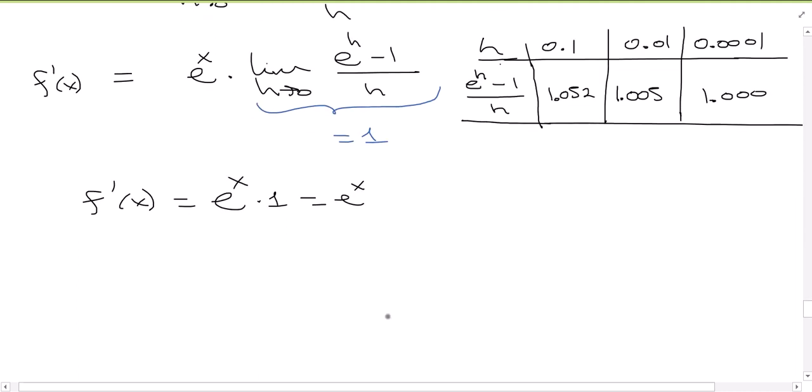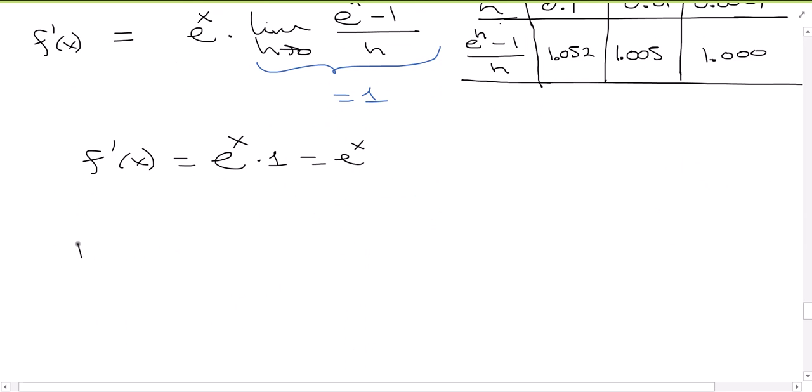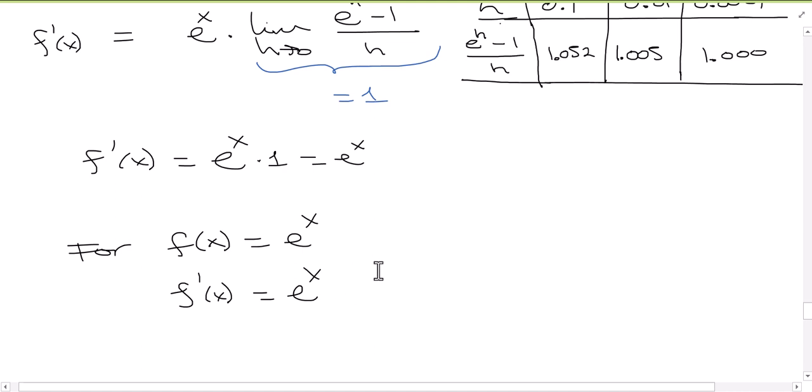So what we just found is that for f of x equal to e to the x, the derivative is also e to the x. This is a nice little feature of our natural exponential function: the derivative is the same as the function itself.